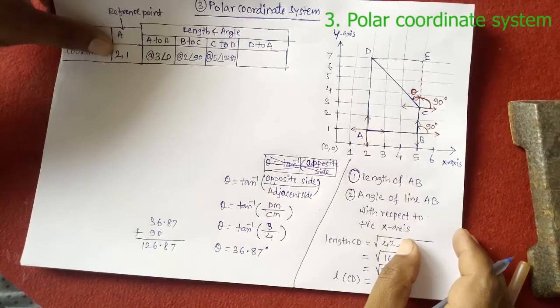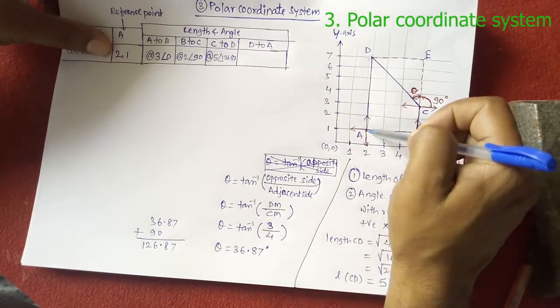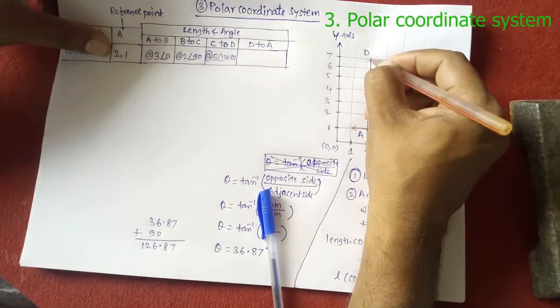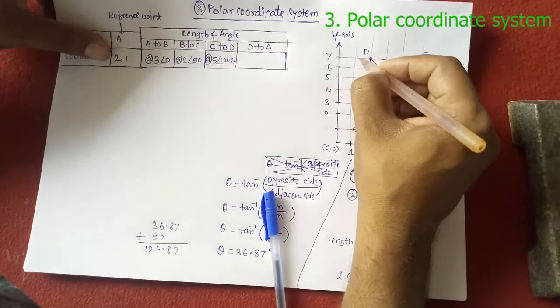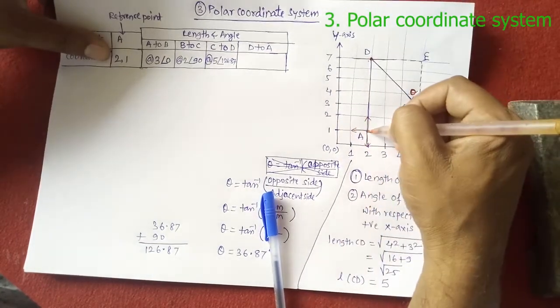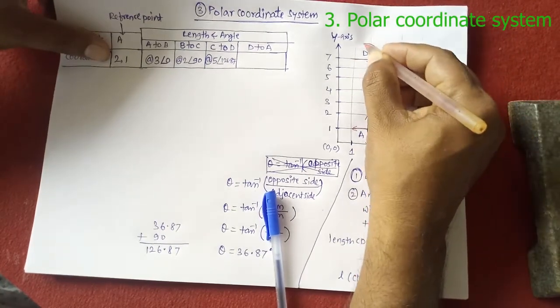Next, to plot the line D to A, we must consider a reference origin at point D, and then calculate the length of D to A and the angle of this line with respect to the positive side of the x-axis.